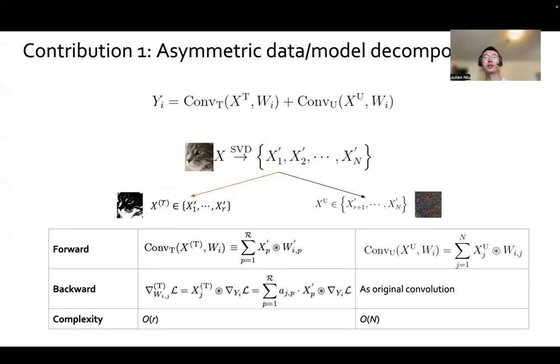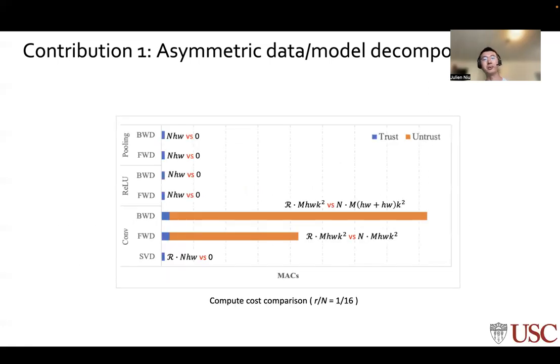Given the low-rank structure in the inputs and the intermediate activations, the number of principal channels in the TEE can be much smaller than the number of total input channels. For a more concrete example, where the number of principal channels in the TEE over the number of total channels is 1/16, the computation complexity in the TEE is much less than the complexity in GPUs.